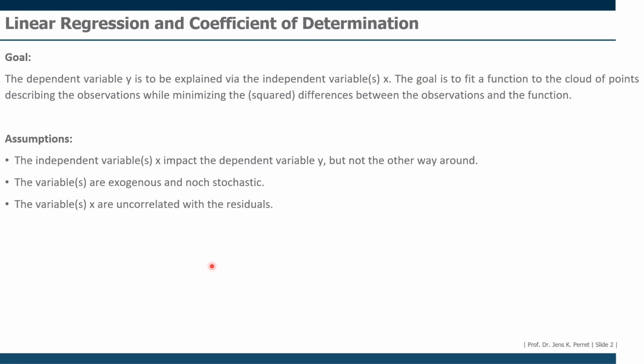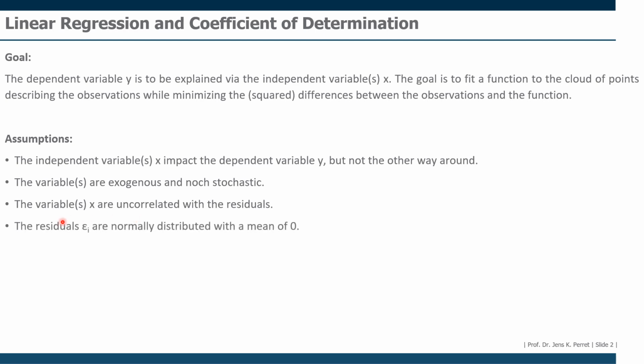We also assume that all the independent variables are uncorrelated, especially with the errors, with the residuals. This also means that they are uncorrelated with each other, which might be a bit of a big problem called multi-collinearity.